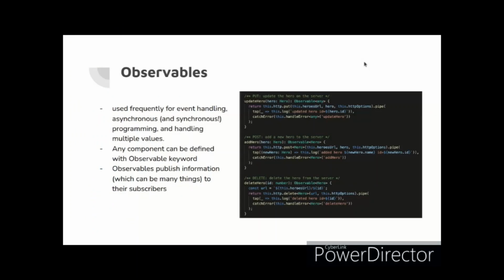Another cool feature of Angular would be the implementation of the observer pattern, which is used frequently for event handling, asynchronous programming, and handling multiple values. Essentially, any component can be defined using the observable keyword, which will maintain some list of its subscribers or observers.